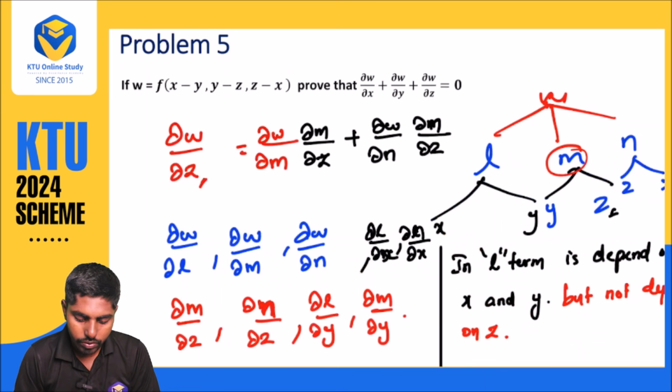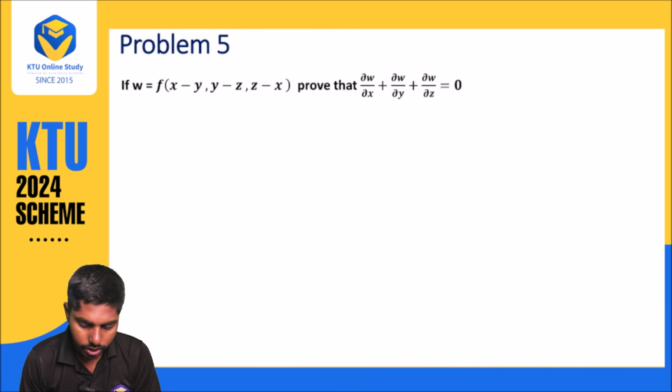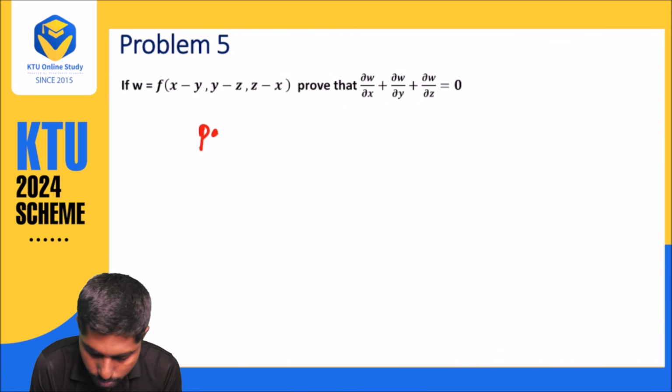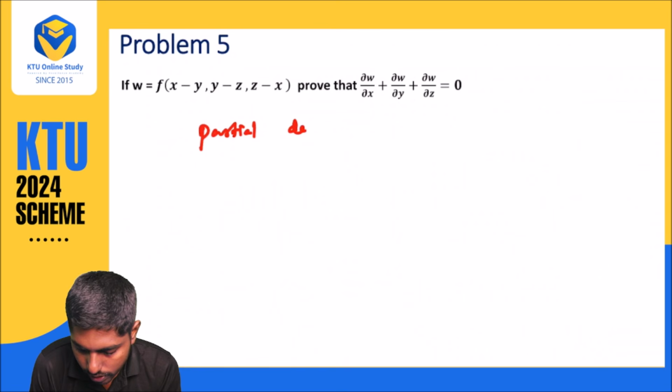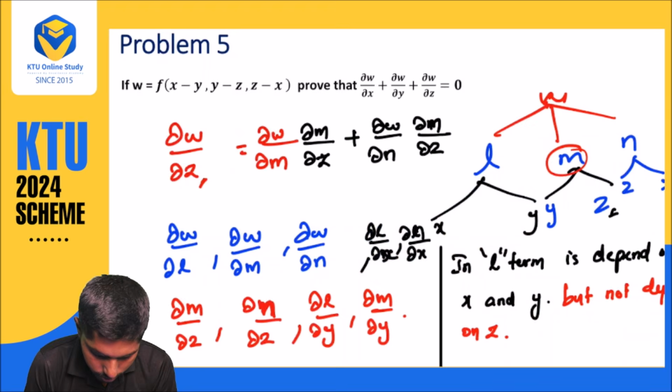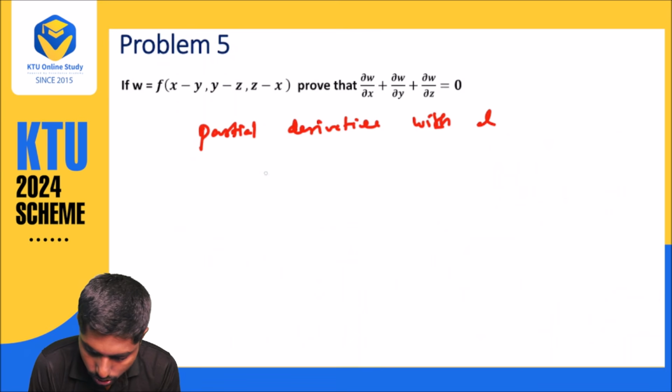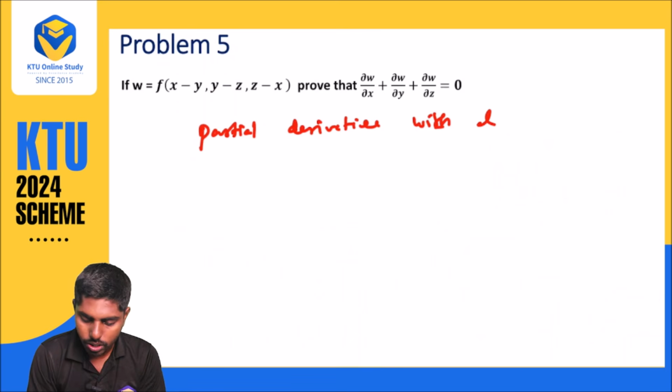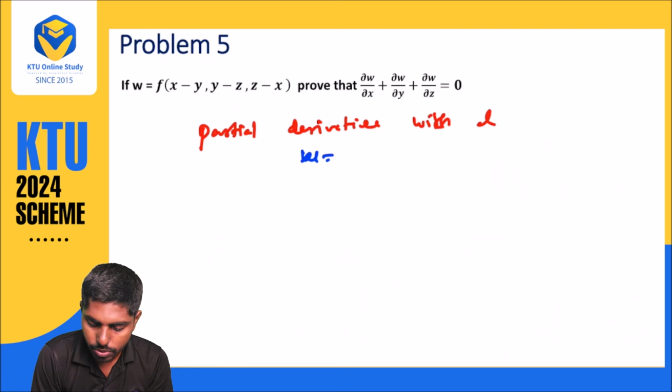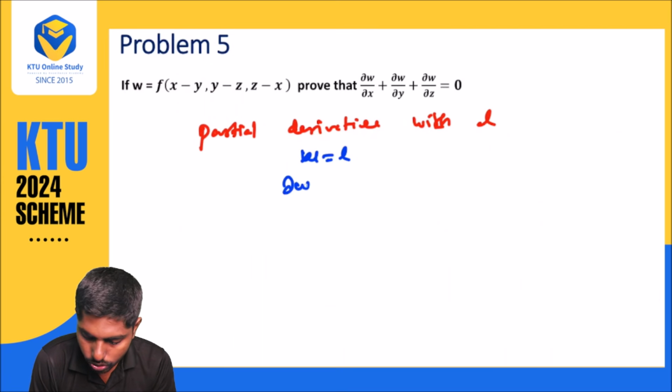First we will identify dou w by dou l, dou w by dou m and dou w by dou n. So partial derivative with respect to L. So what is L? W is equal to L. When W is equal to L, when you are differentiating, dou W by dou L is 1.